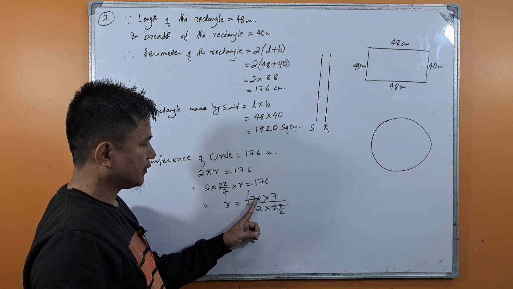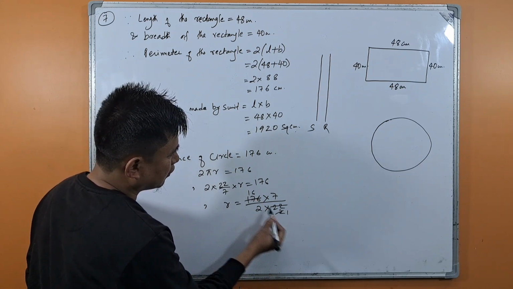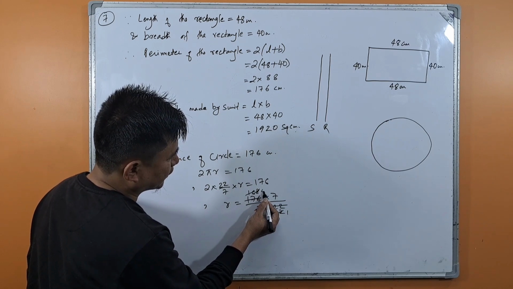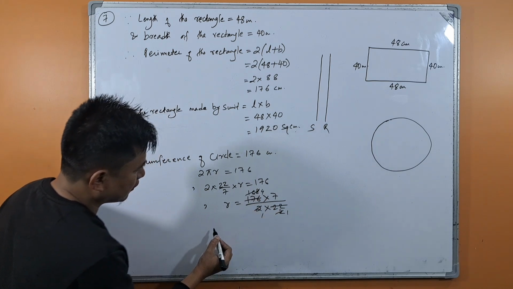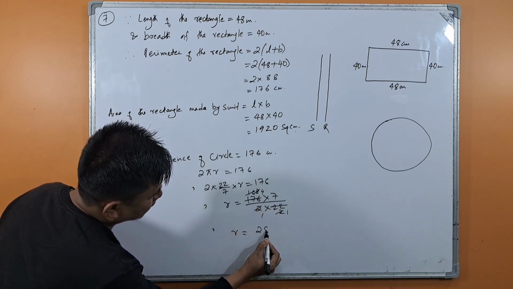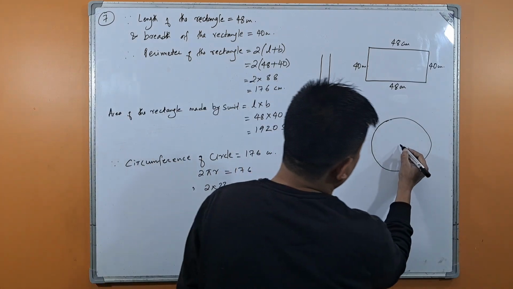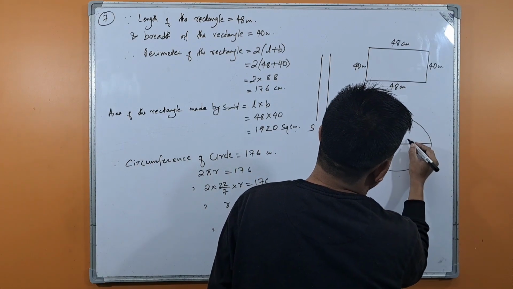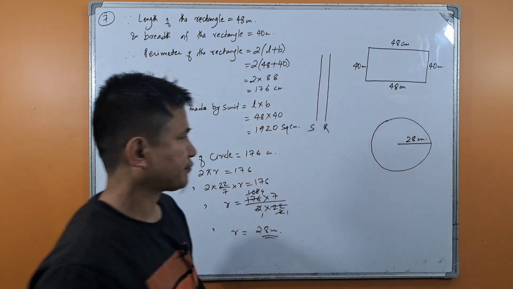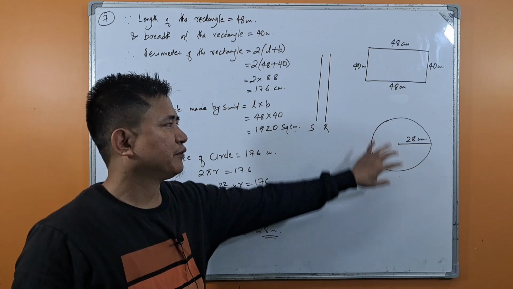So we have 6 in hand, this becomes 66. 11 6 is 66. So r equal to 4 into 7 is 28 centimeter. Okay, so we got the radius of this circle. Length of the radius is 28 centimeter, isn't it? Now, since we know the radius, we can easily find the area of the circle, isn't it?